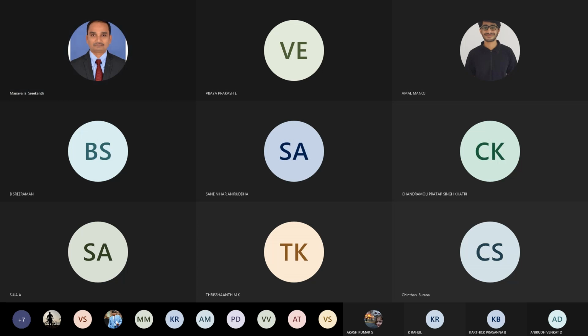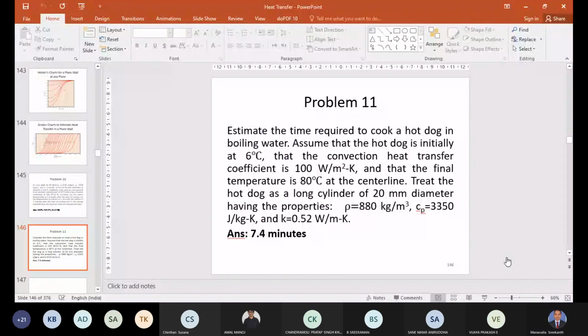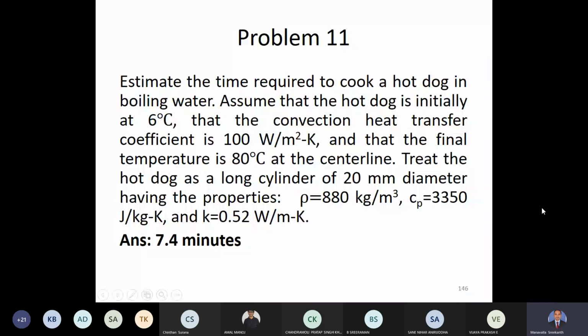All right. So here we have the second problem. Basically, I'm solving three problems: one on a flat plate or a slab, another on a cylinder, and the third on a sphere. So here the problem reads like this: estimate the time required to cook a hot dog in boiling water.